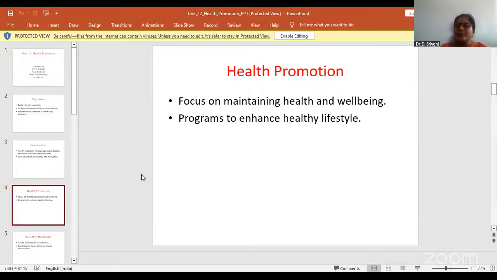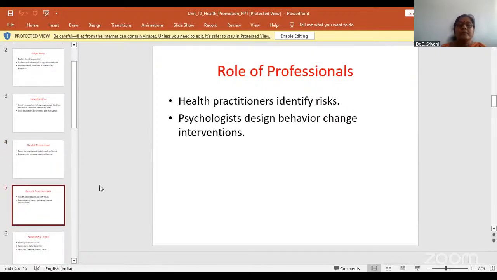And the determinants of promotion behavior include several core factors that influence whether an individual will engage in health promotion behavior. The role of professionals, which includes health practitioners, identify risk, and psychologically design behavior change interventions.